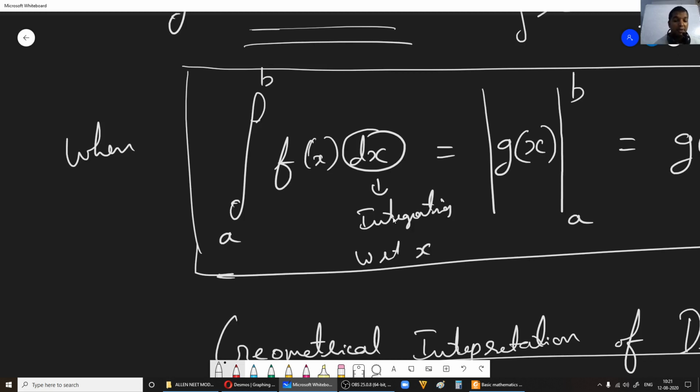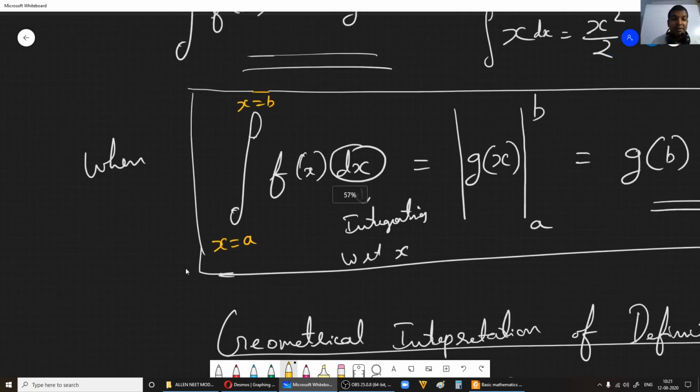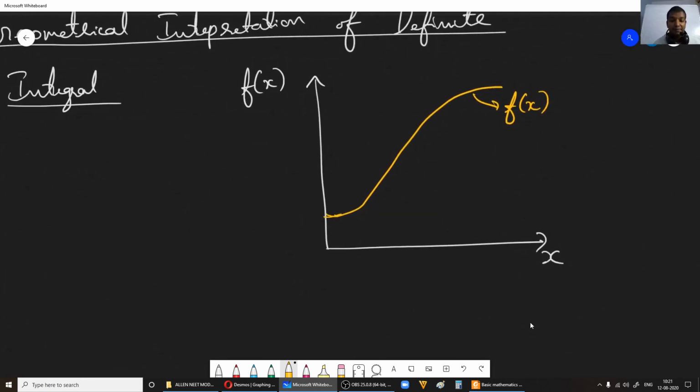So the lower limit is x is equal to a and the upper limit is x is equal to b. These a and b are specific values for x itself, nothing much. Now say this is a point which is a, and this is a point which is b.